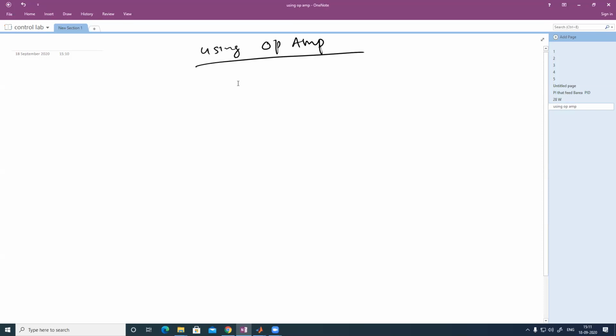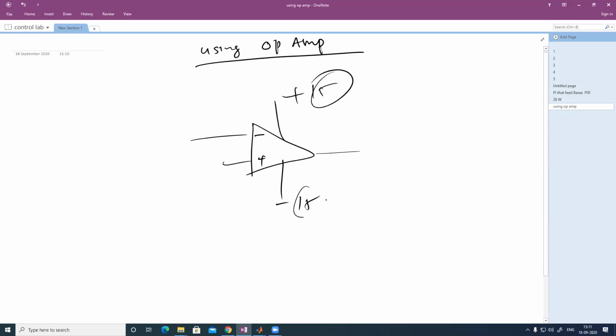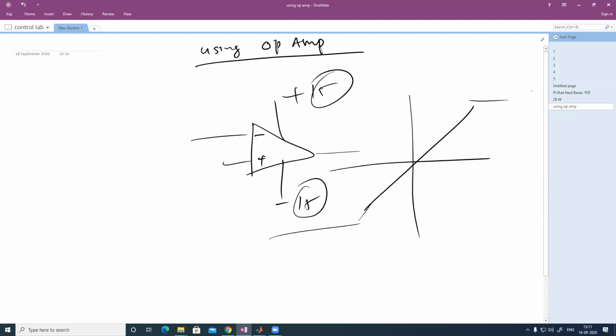The op-amp has a maximum voltage limit of plus 15 and minus 15 volt. Within the 15 volt range it is a linear amplifier or linear integrator. If something demands more than 15 volt, it gets saturated, so it cannot give more than 15 volt. In simulation also you have to mimic that.